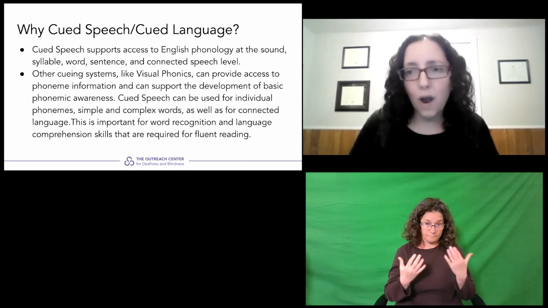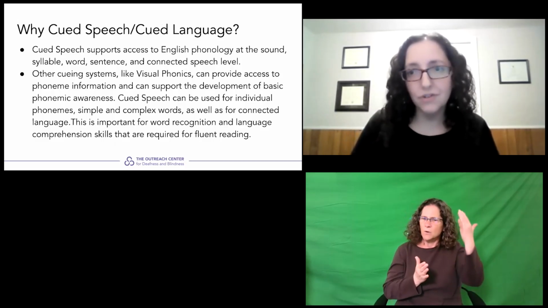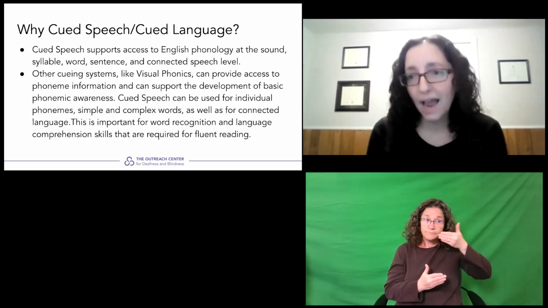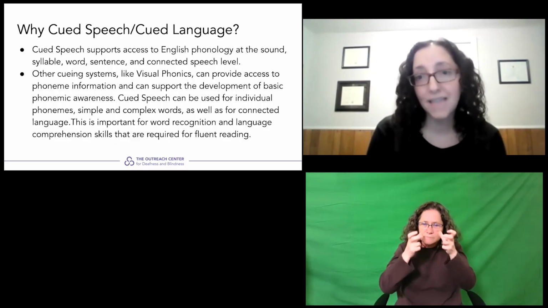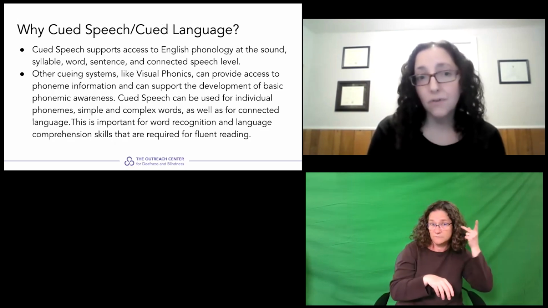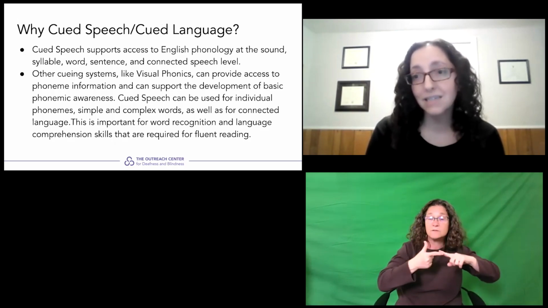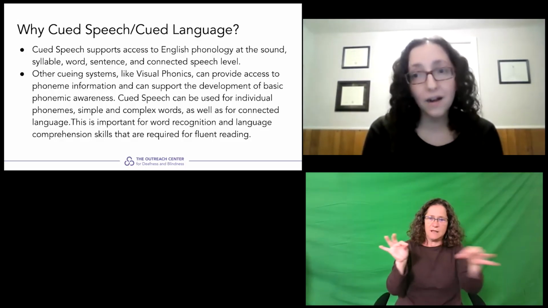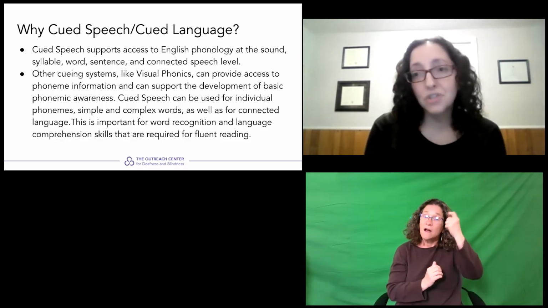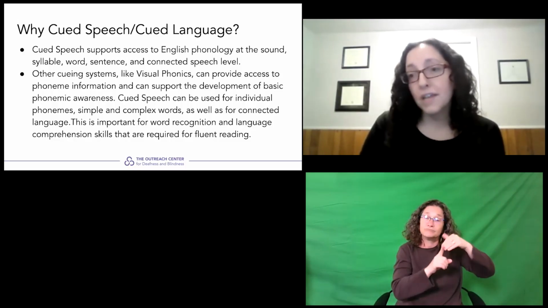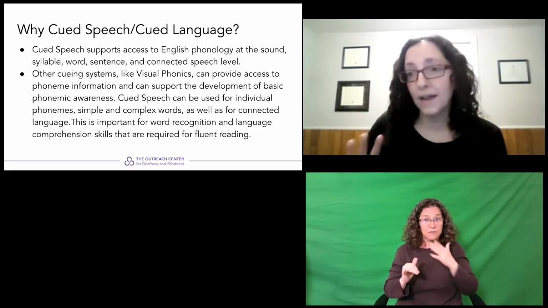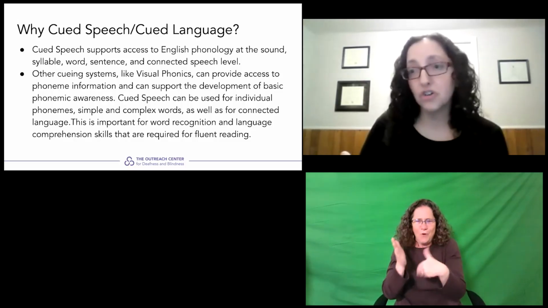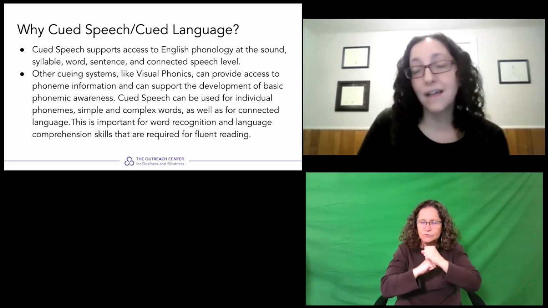So again, why cued speech and cued language? The cueing system, cued speech, supports access to English phonology at the sound level, syllable level, word, sentence, and connected speech level. There are a lot of other kinds of prompt systems out there, and the cueing system is the only one that I'm familiar with that can visualize all aspects of a phonology and phonological structure of a traditionally spoken language.